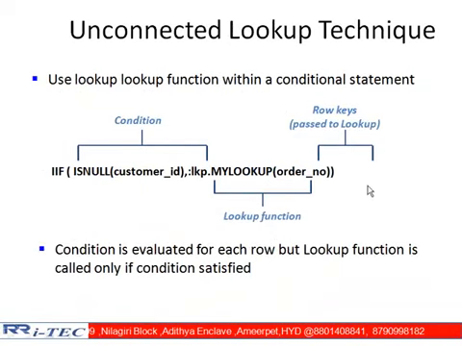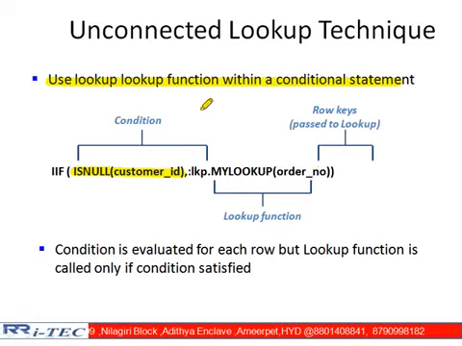What I am trying to do here is use the lookup function within a conditional statement. What is the condition here? I am checking ISNULL of customer ID. If customer ID is by mistake null, then I pass the order number as the input.